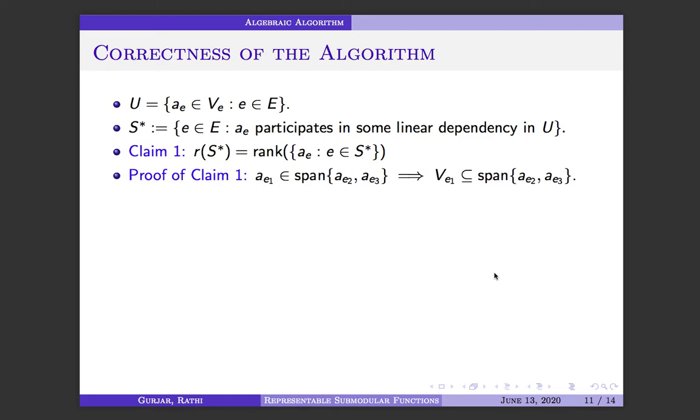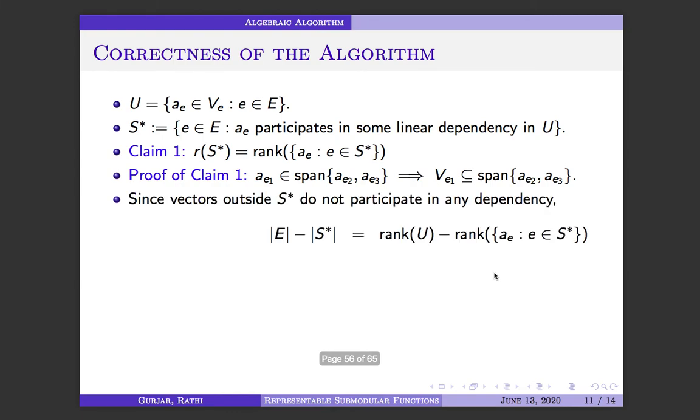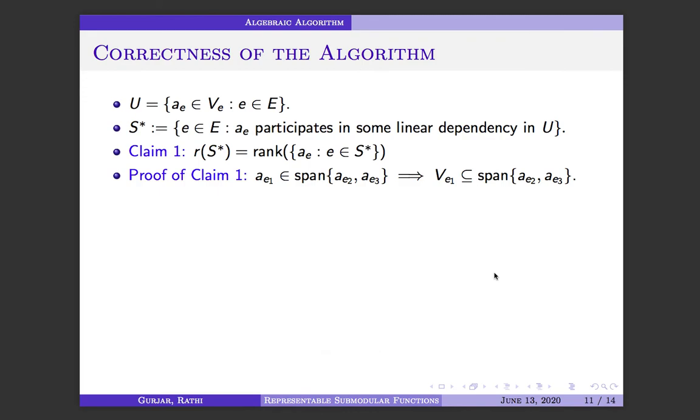And if almost every vector in VE1 is in this span, it just means that the whole subspace VE1 is in this span. Now you can make the same argument for every element in the set S star, and you can get that all these subspaces corresponding to set S star are in the span of these vectors AEs, and this will prove your claim.